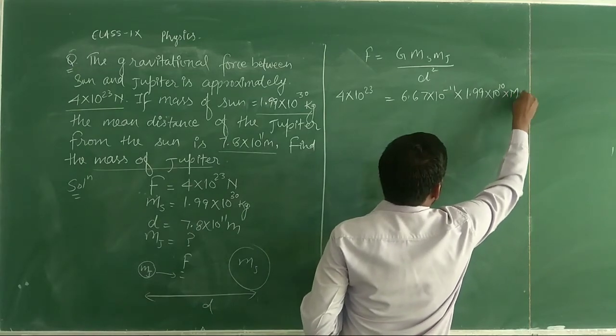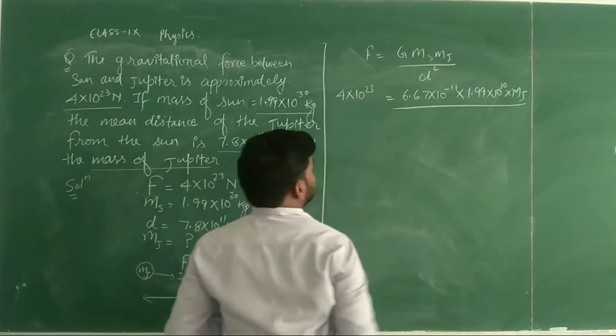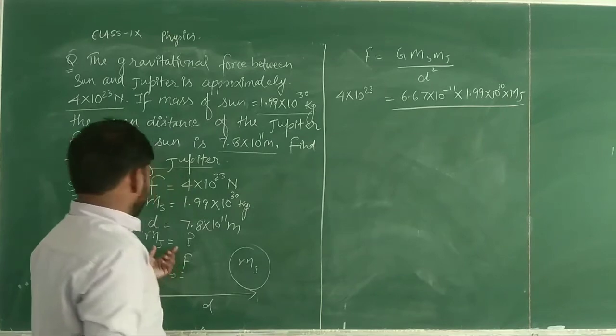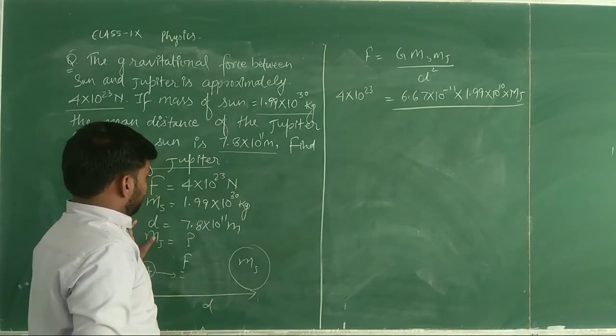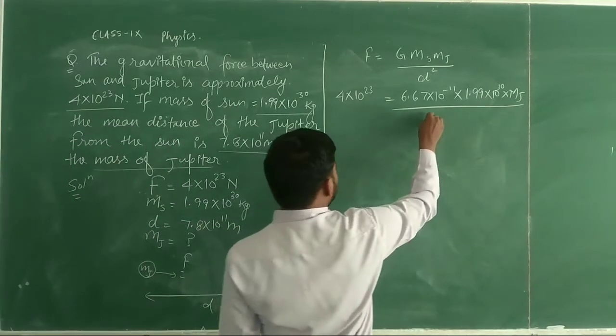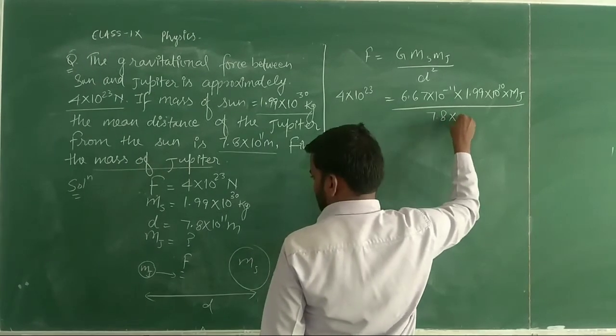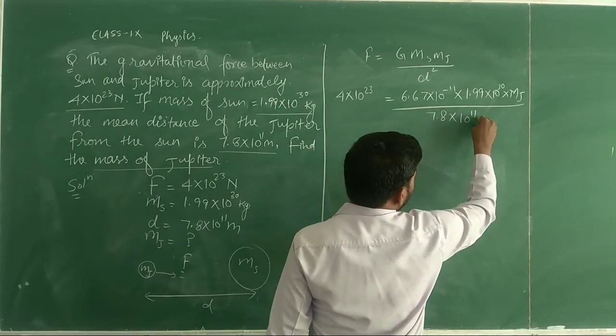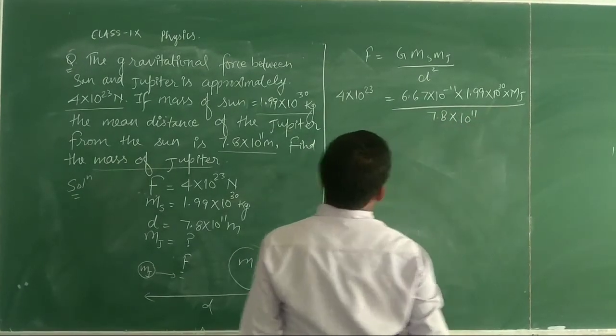We need to find out the mass of Jupiter, and the distance 7.8 × 10^11 is already given.